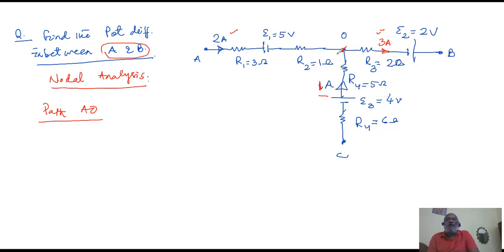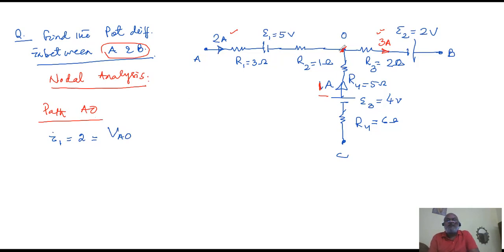In the path AO, the current is 2 ampere. So current, maybe I1, that is 2 ampere, must be equal to the net potential difference divided by the resistance you are having. The net potential difference will be controlled by the end potential difference, that is VAO.